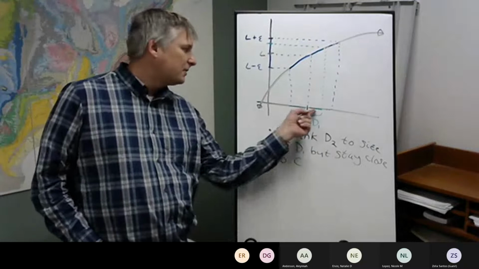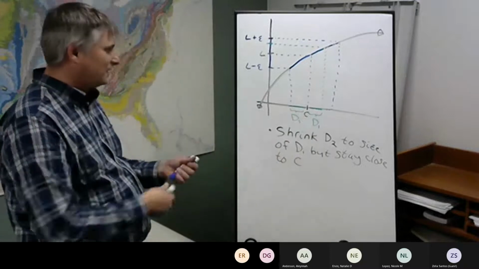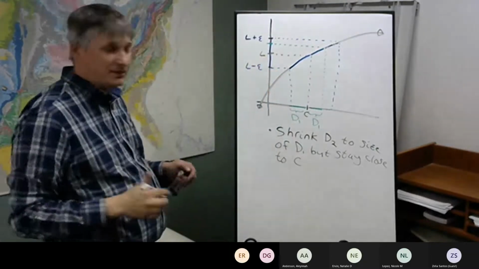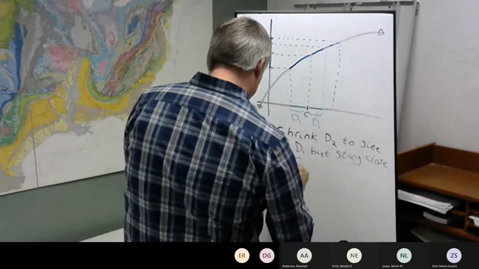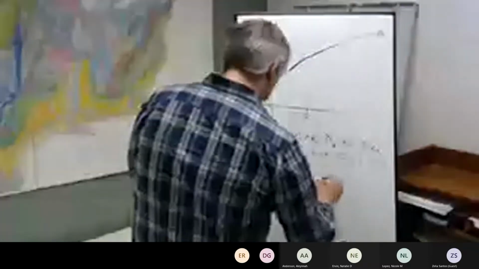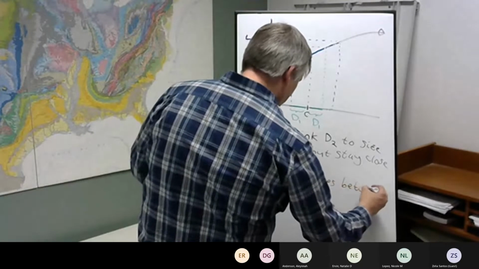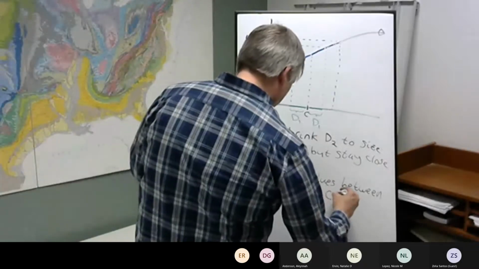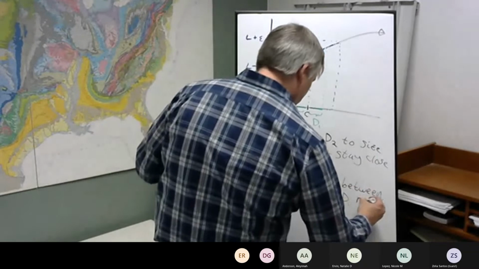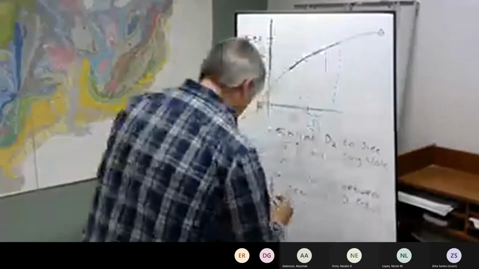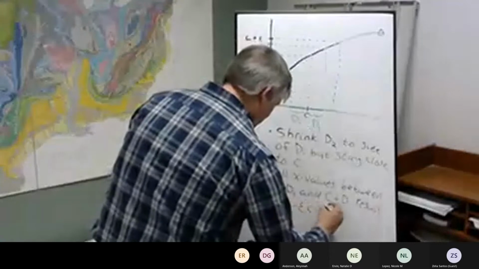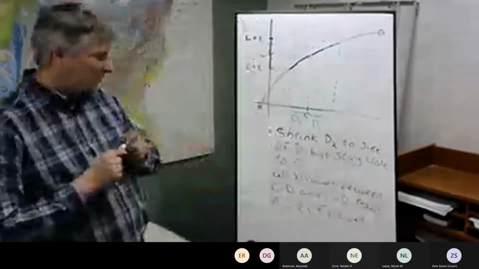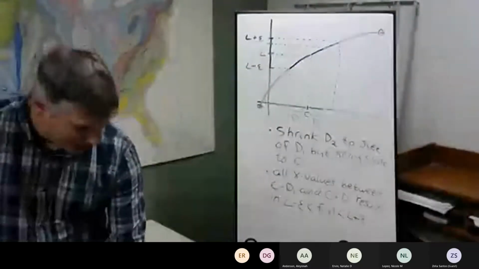And again, all these x values are still going to give us f of x between L minus epsilon and L plus epsilon. So that's what we got.